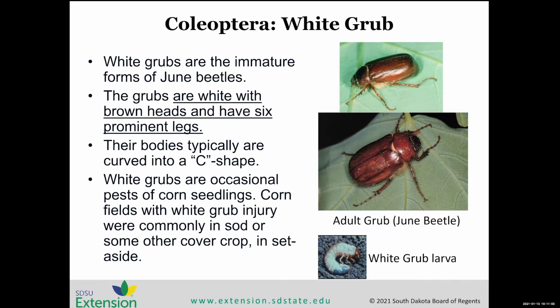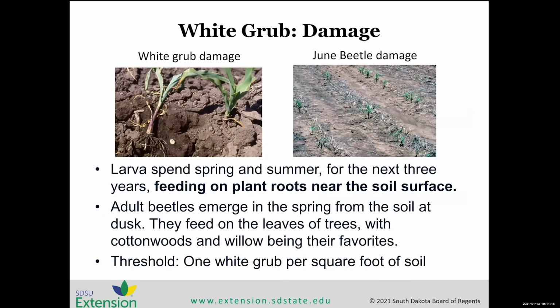White grubs are occasional pests in corn seedlings. Cornfields with white grub injury were commonly in sod or some other cover crop or set aside. With white grub damage, the larvae spend spring and summer for the next 3 years feeding on plant roots near the soil surface.